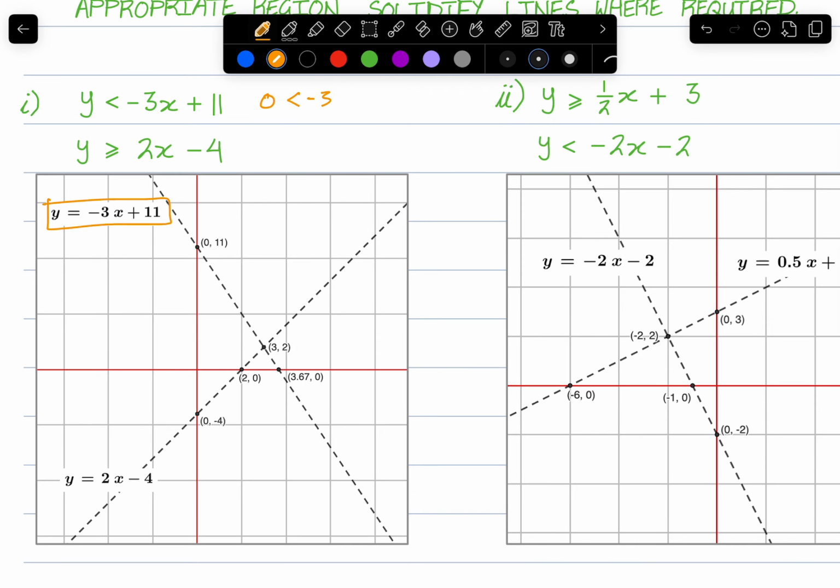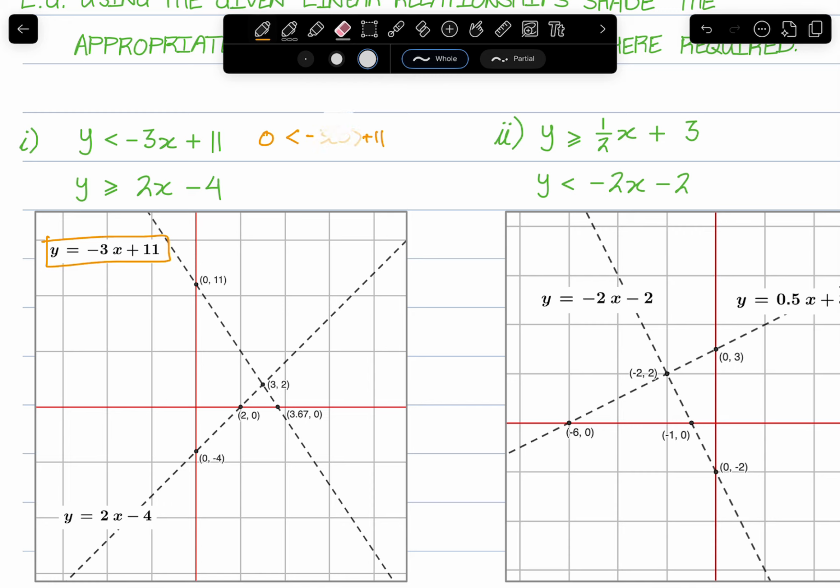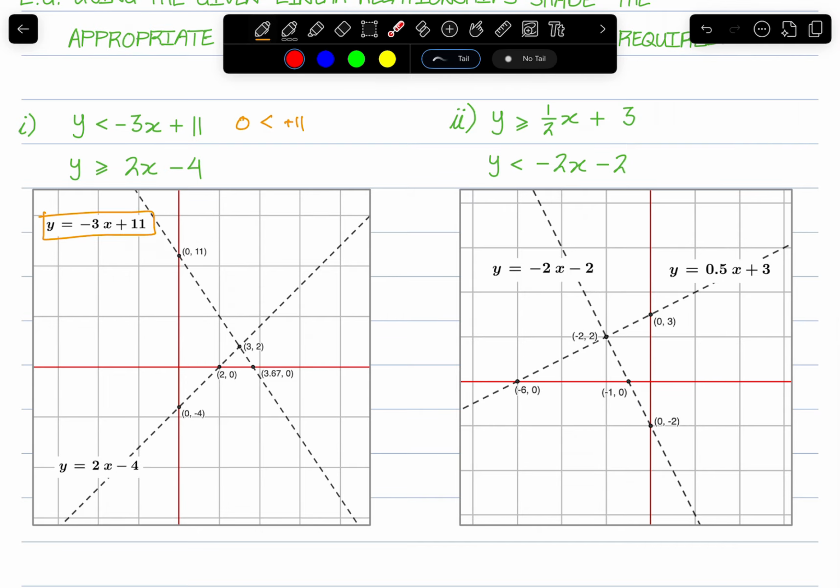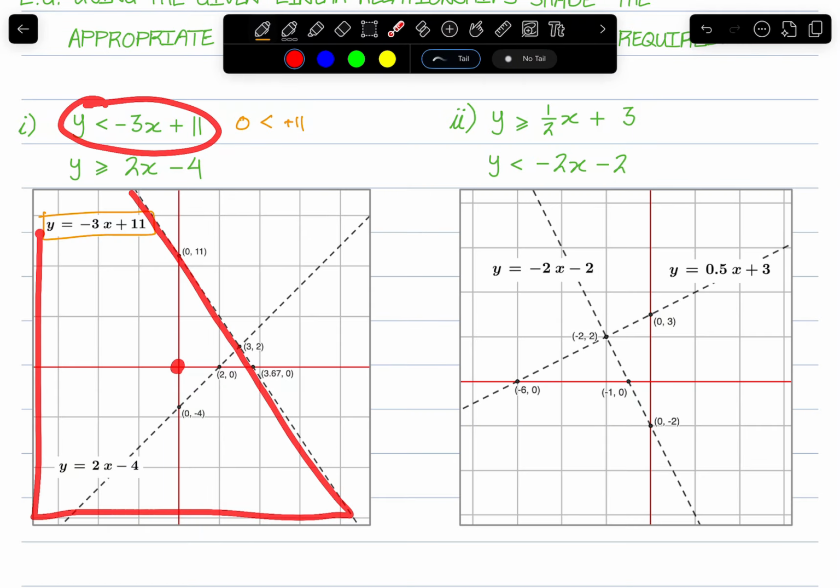So let's write it out. And that will give me 0 is less than 11. So then if you get a true statement, that means that is the region that we do want. So since 0, 0 is below this one, that means we are going to shade in this region here.